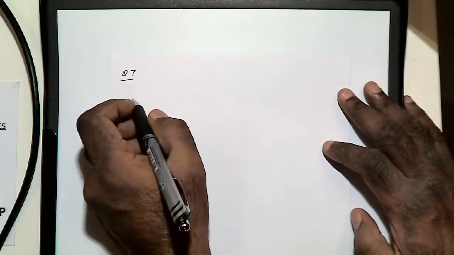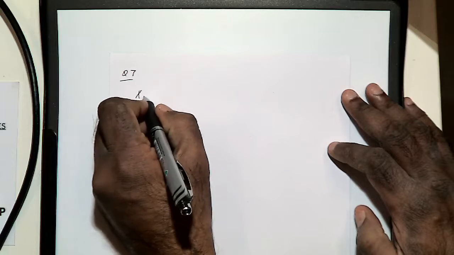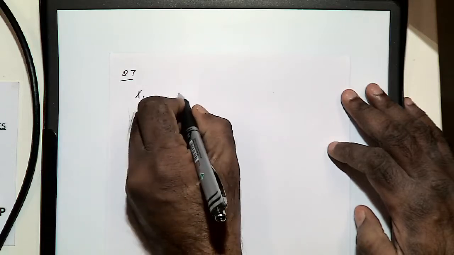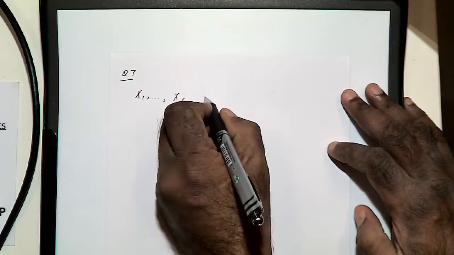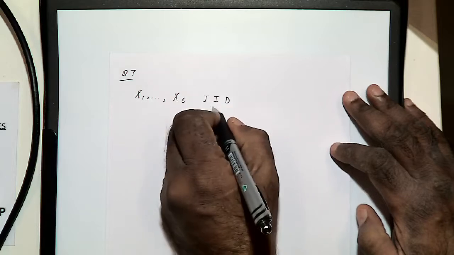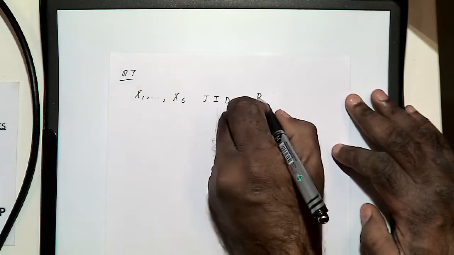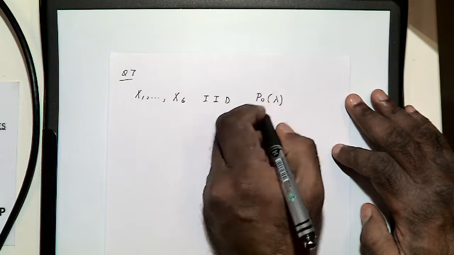So here you have X1 to X6 IID. IID means independent and identically distributed from a Poisson distribution of parameter lambda.